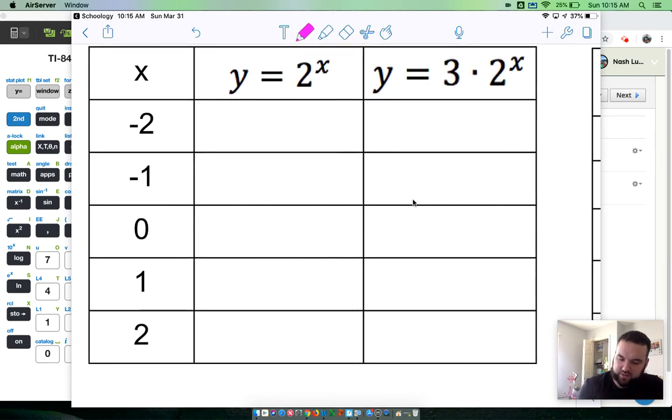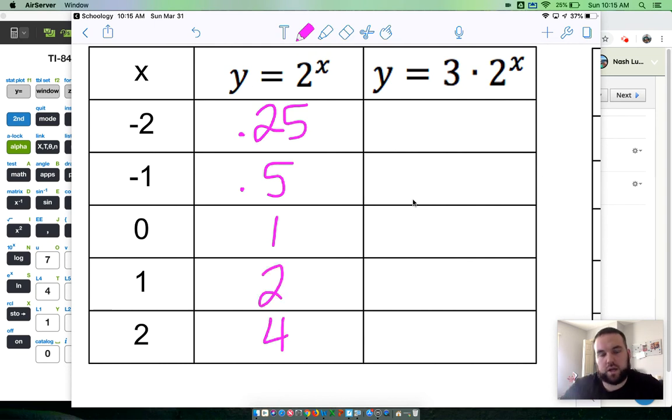I could plug that into a calculator and I would get 0.25, 0.5, 1, 2, and 4. But then obviously that 3, which we talked about is also the start value, is going to take all of those y coordinates and basically triple them.